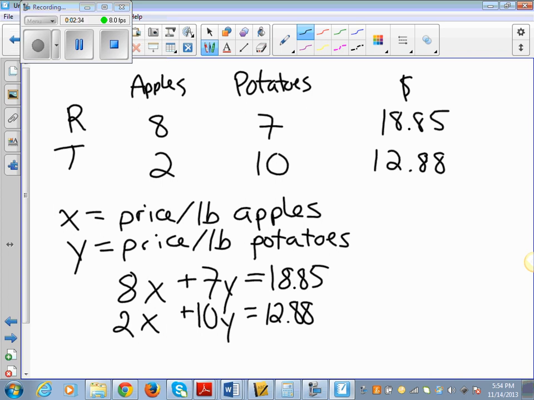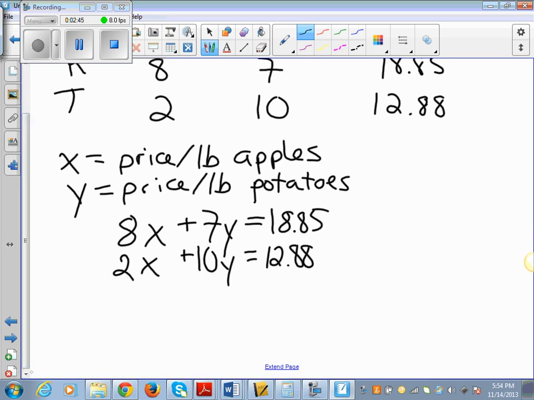And since we've done substitution for problems 1 and 2, let's do elimination for this one. I also think that elimination is probably a little bit easier for this one. So let's scroll down for some room.